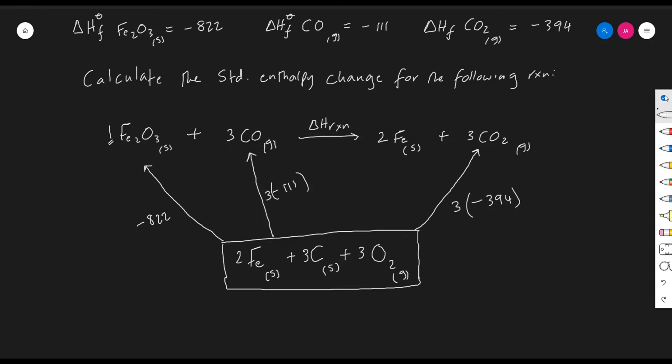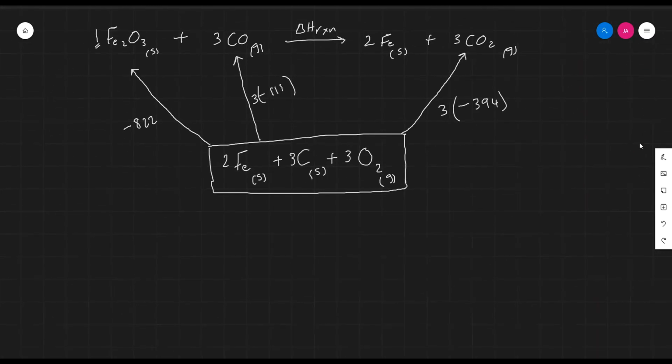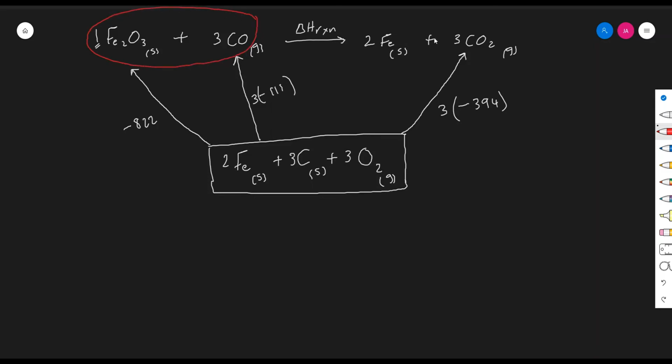Therefore, the enthalpy change of this reaction can be calculated by moving from reactants here to the products here through the cycle, to go from this side of the arrow to this side of the arrow through the new proposed pathway. Thus, I would have to move against this arrow and against this arrow, and thus their signs need to be flipped. But I will be moving along this arrow, and thus this sign would remain the same. And I would add all these enthalpy changes of reaction.